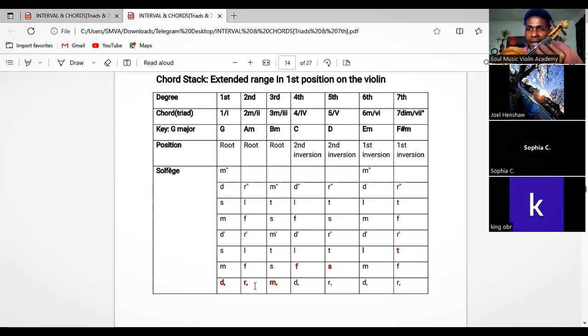But for the fourth chord, you have fa, la, do, and because I have my open G available, that's why I started from do, which is the second inversion. Same thing applies to your fifth chord. Now you have your re as the lowest note, so I started from re.